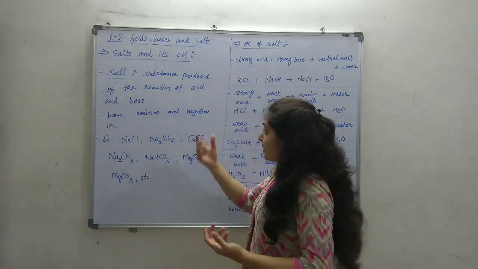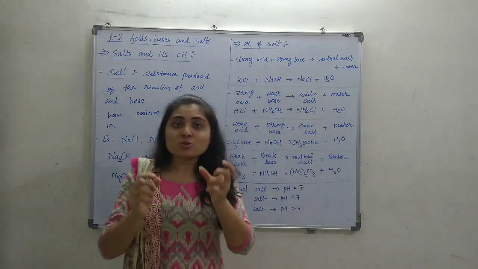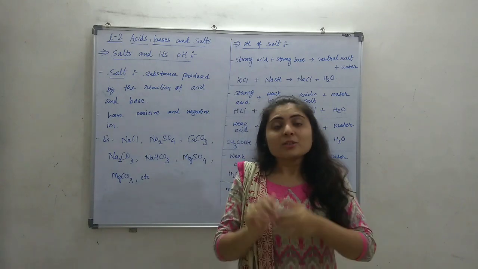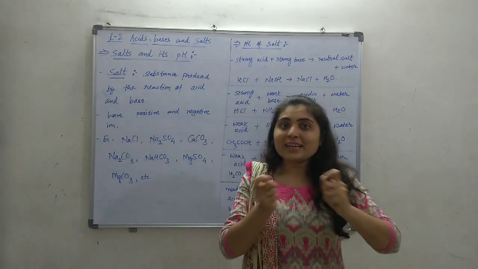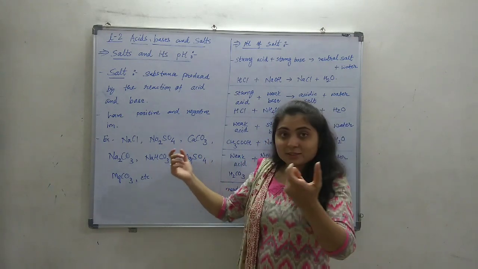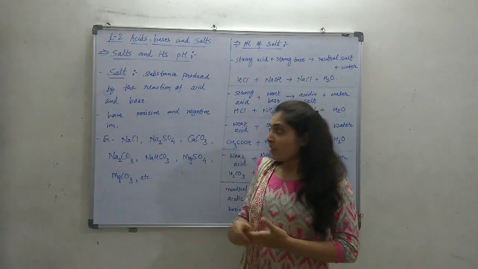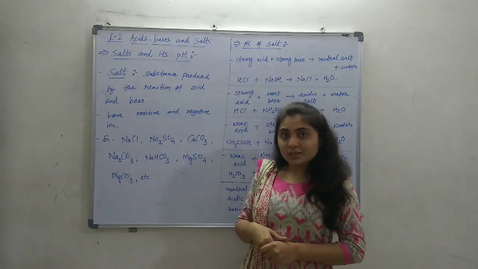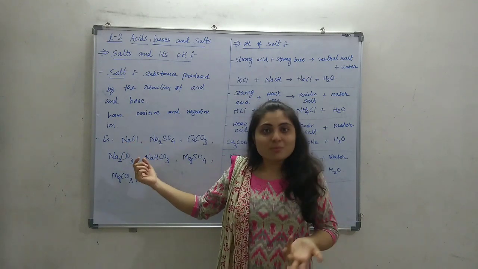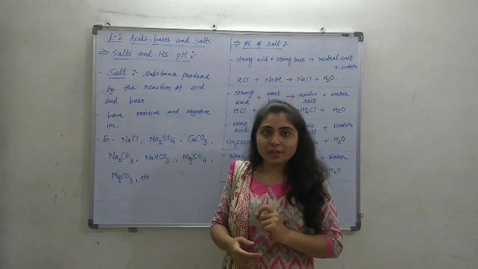When acid and base react with each other, the salt produced is generally an ionic compound, so it has a positive ion and a negative ion in its molecule. Some examples of salt: the most common, and the first name that comes to our mind, is NaCl, sodium chloride.